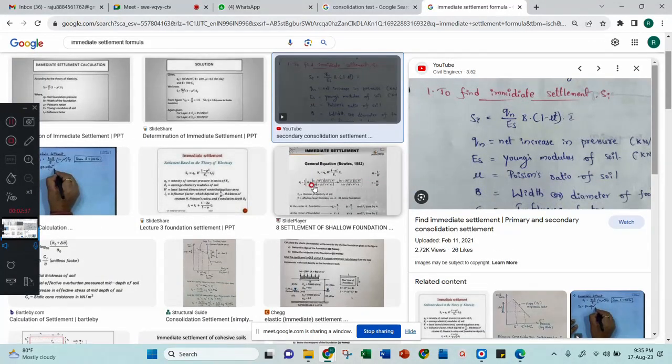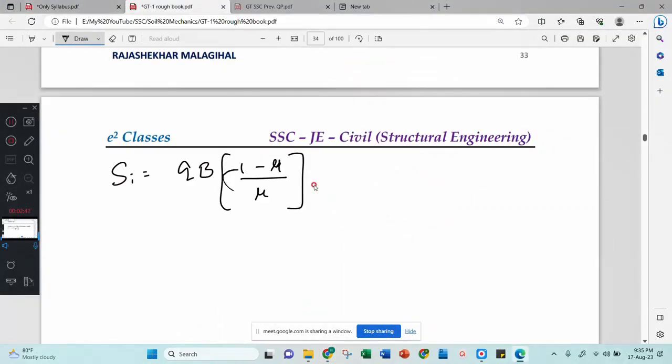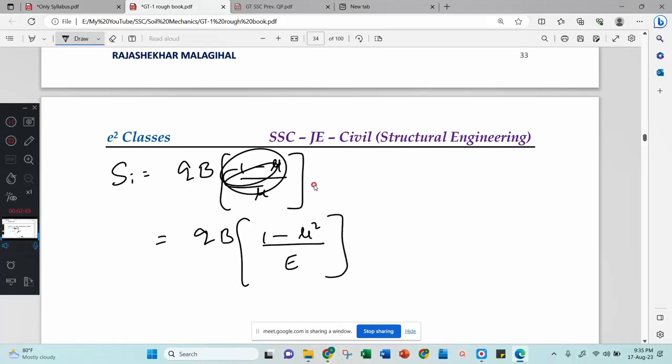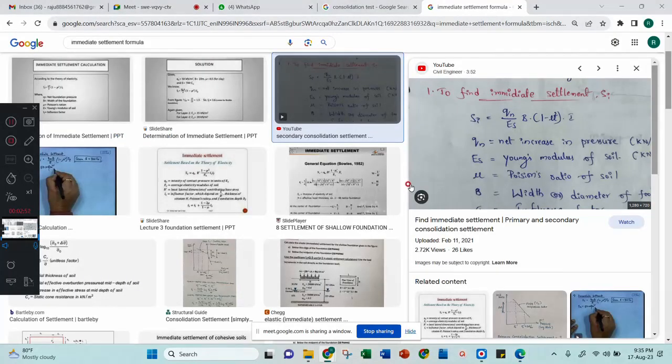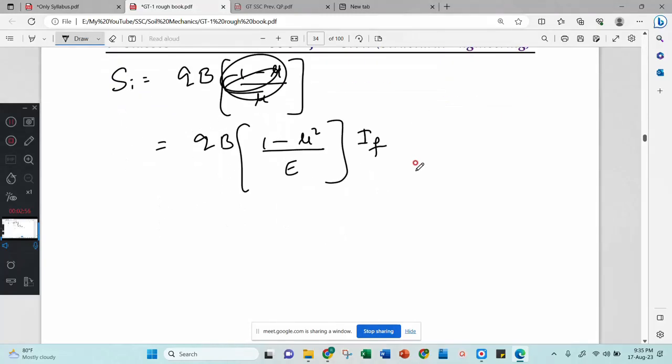Okay, not this one. q into B into (1 minus mu square) divided by E into influence factor. This is your immediate settlement.